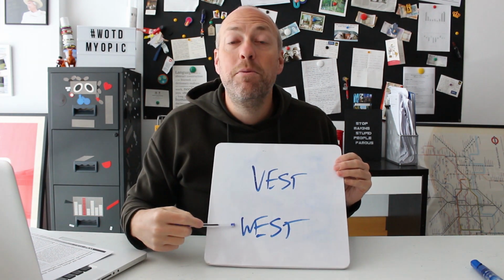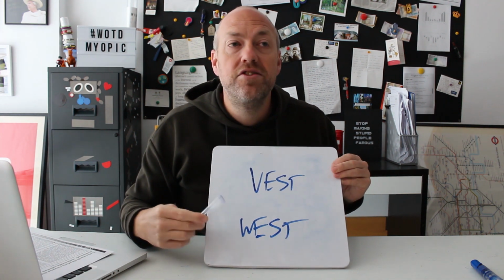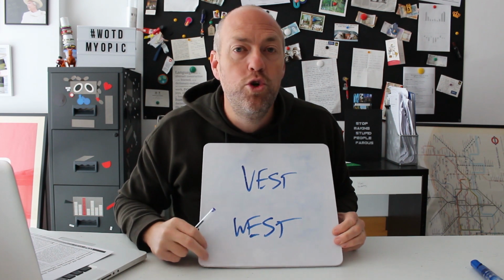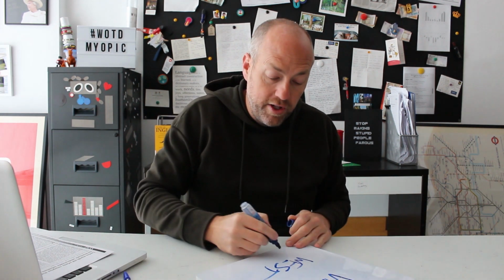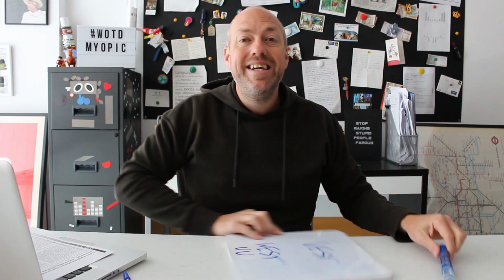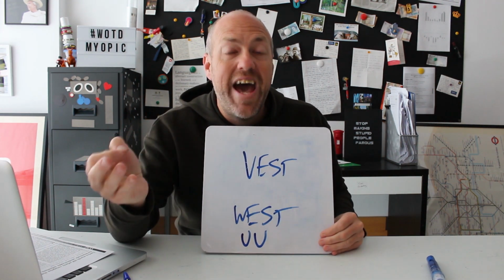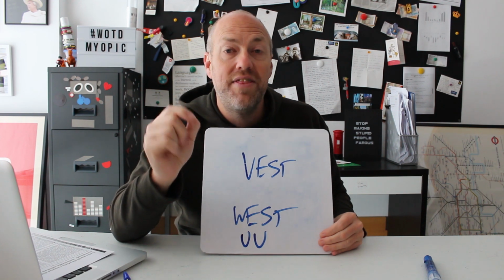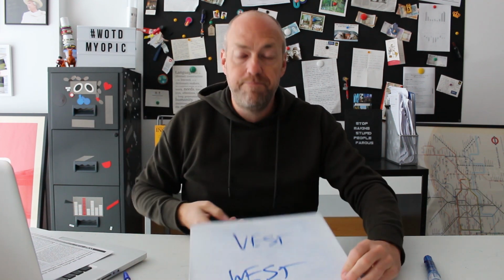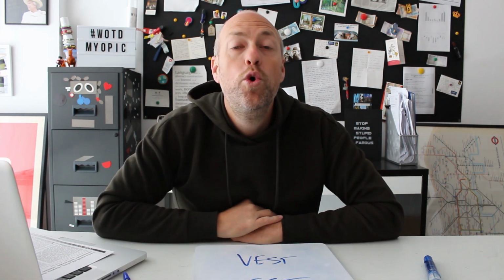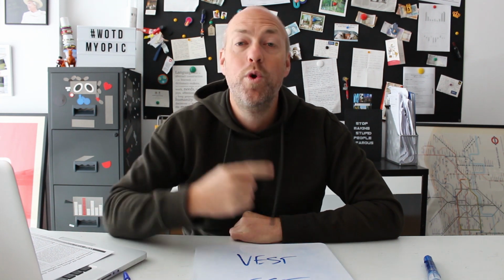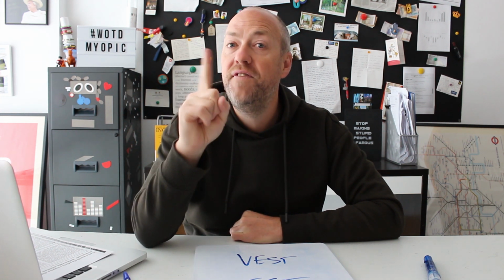But west is completely different. West starts with a W. Double U. It's two U's. A W is literally a vowel. It's two U's put together. It's like a long U, right? So west is ooh. You can use your finger as a reference.